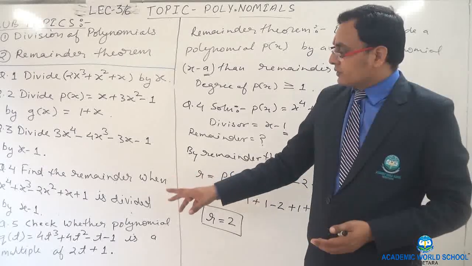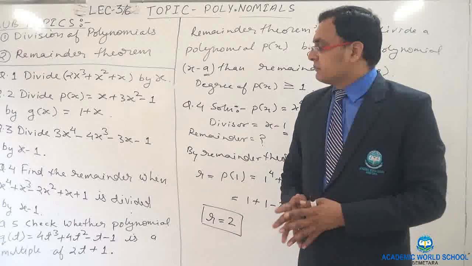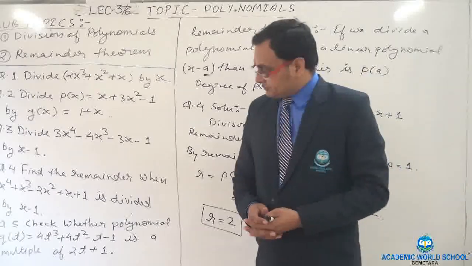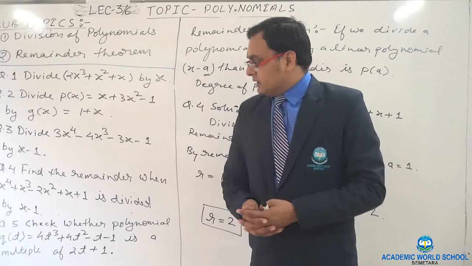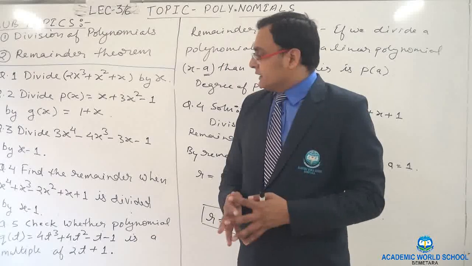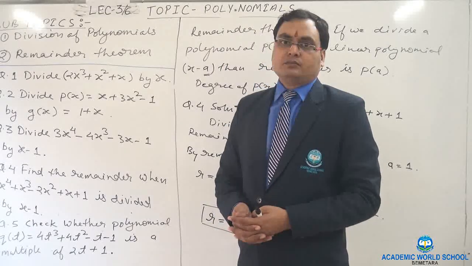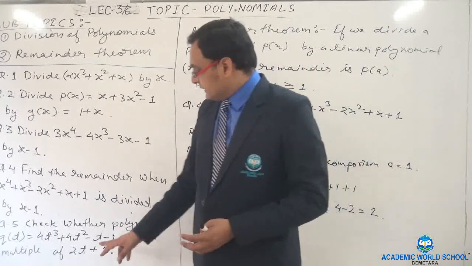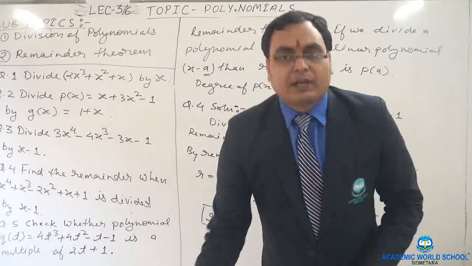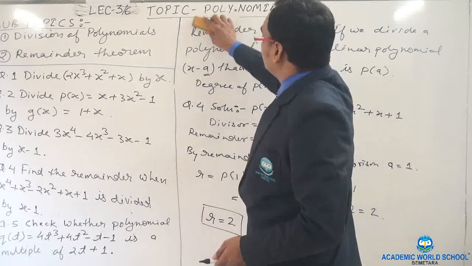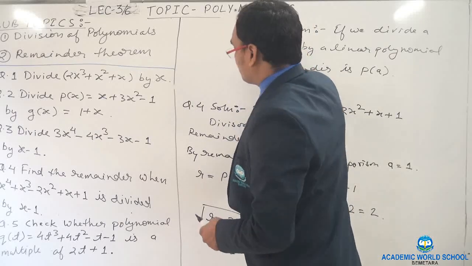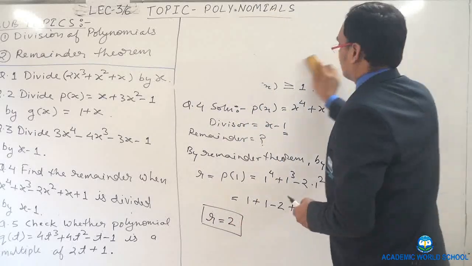When we want to check whether this given polynomial is a multiple of this or not, we must understand that if it is a multiple, then on dividing this polynomial q(t) by this polynomial, the remainder must be 0. And if the remainder is not 0, then this will not be a multiple of this polynomial. So actually we will find the remainder by remainder theorem to check whether this q(t) is a multiple of 2t plus 1 or not.